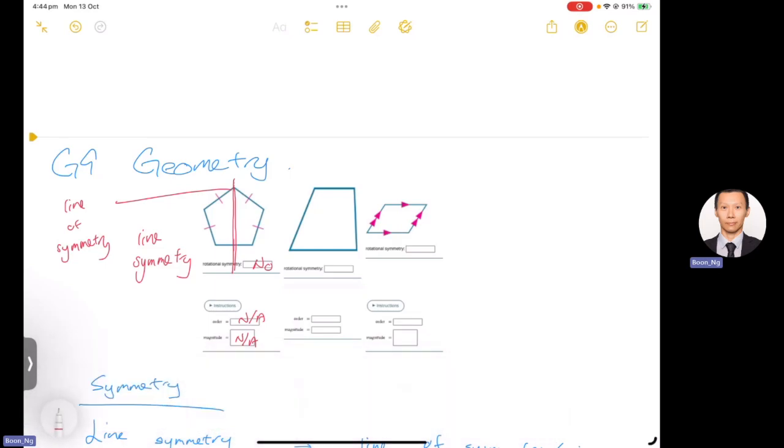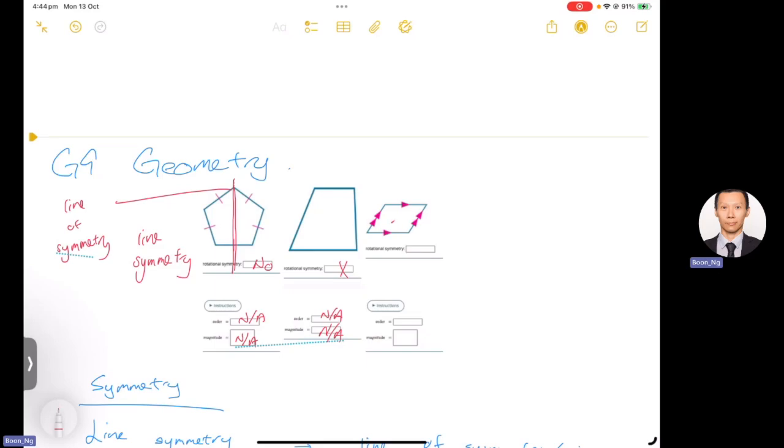The second one does not have any symmetry at all. So not applicable. Last one.